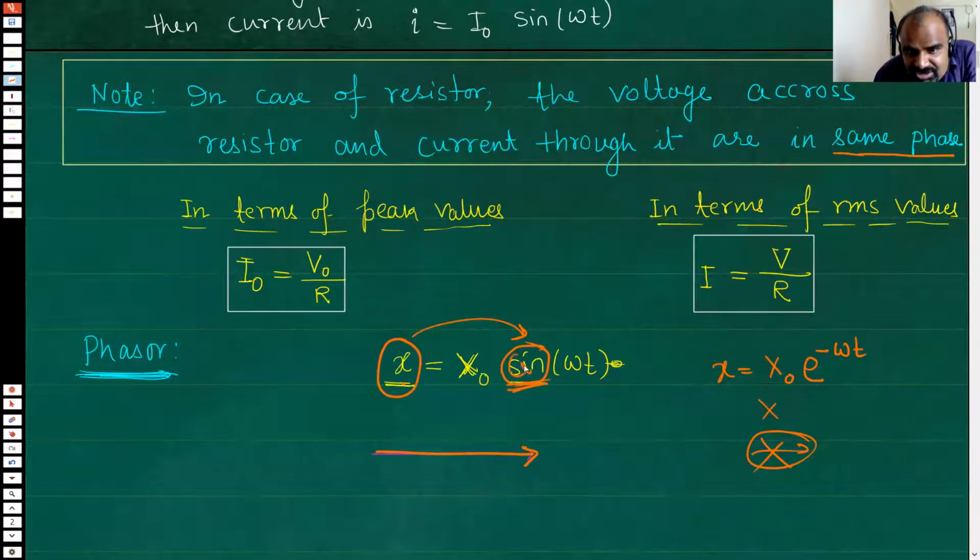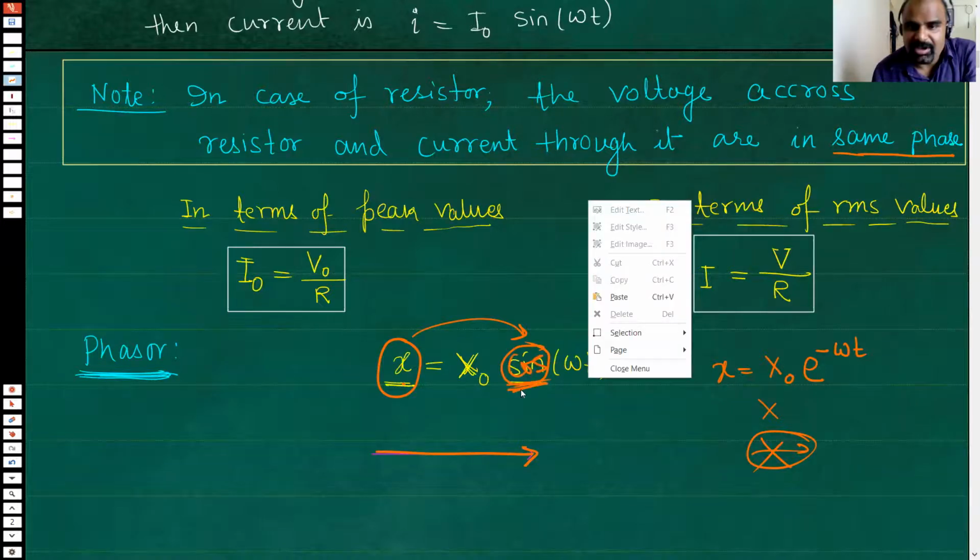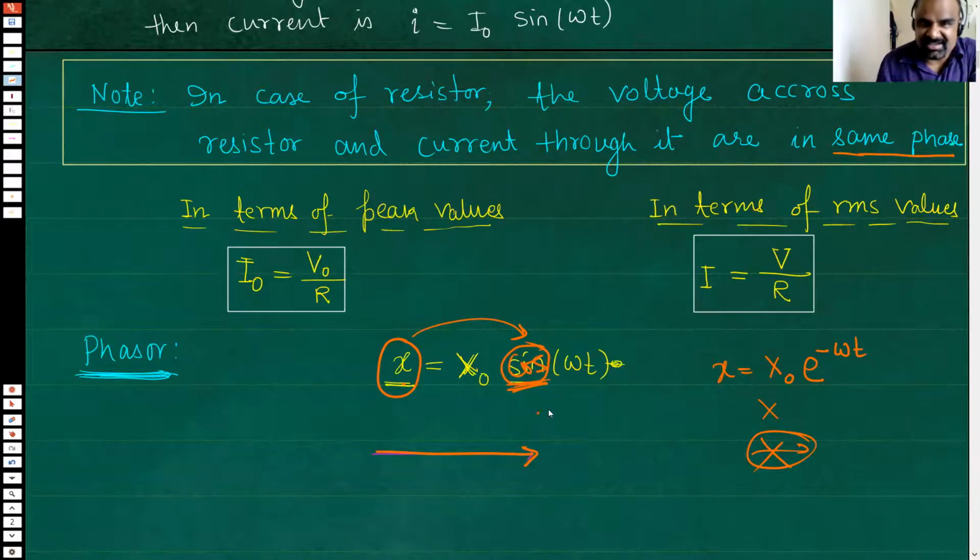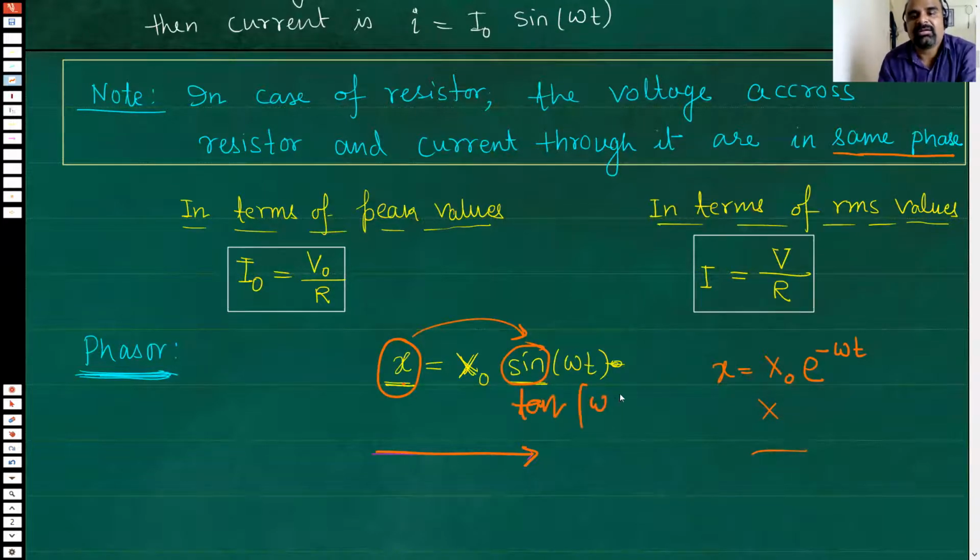If you change this to cosine, can you draw? Yeah, you can, because cos is actually another form of sine. If there is cos, we will convert it into sine by saying plus pi by 2 or minus pi by 2, whatever. However, if there was a tan omega t, can we draw a phasor for that?